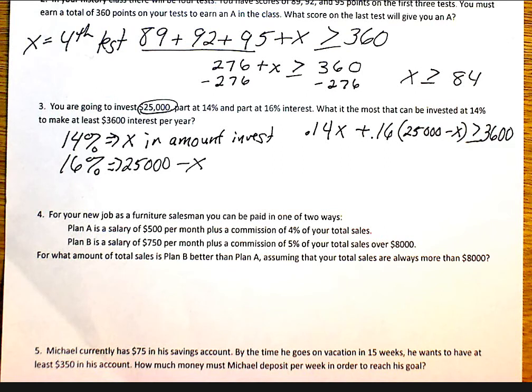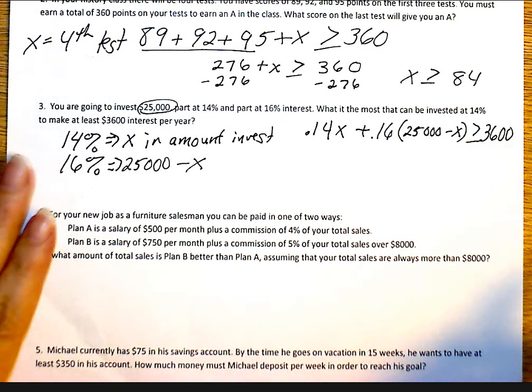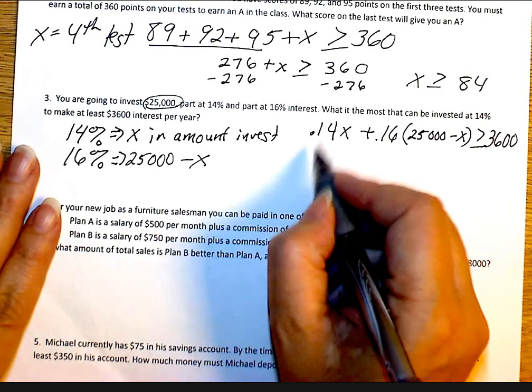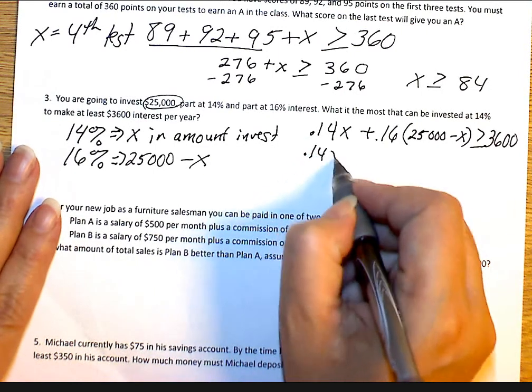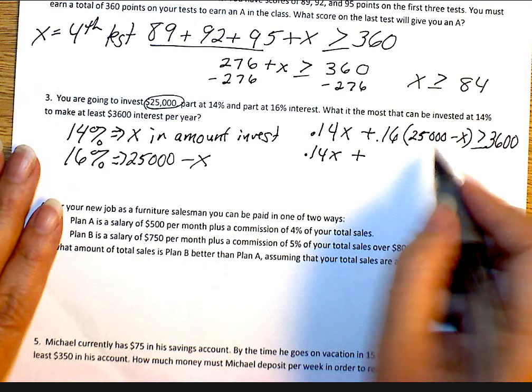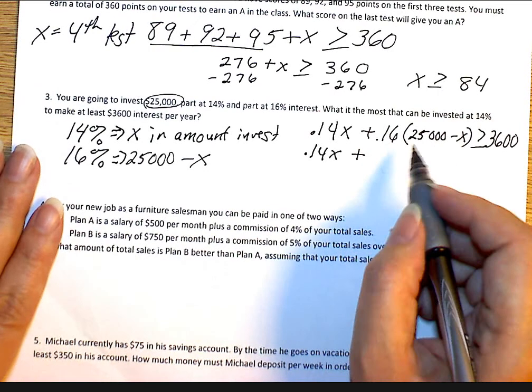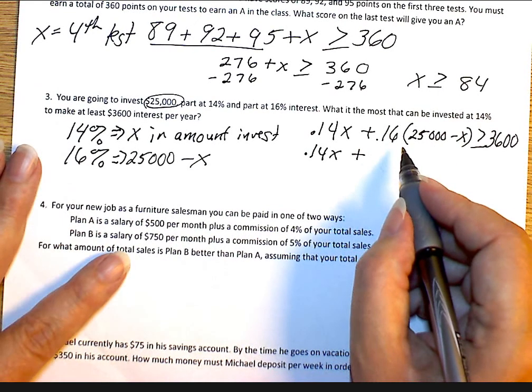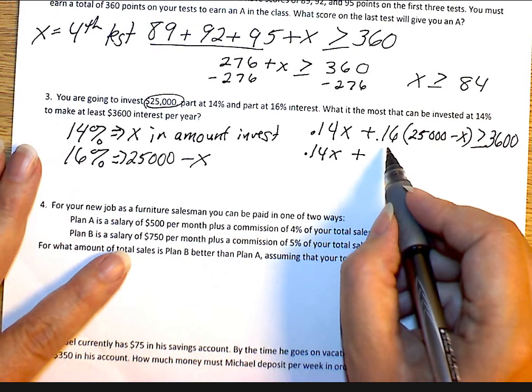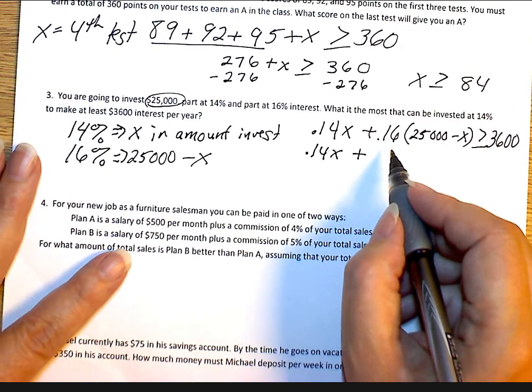All right, here we go. Caleb, tell me what this next line is. So we have 0.14x plus, what did you get when you multiplied these two out?